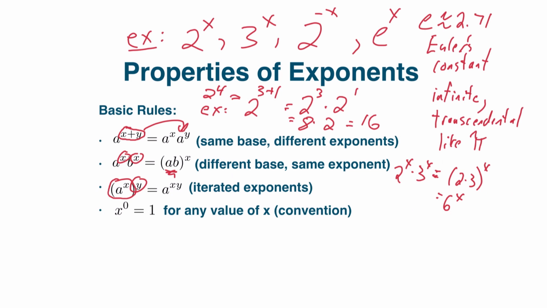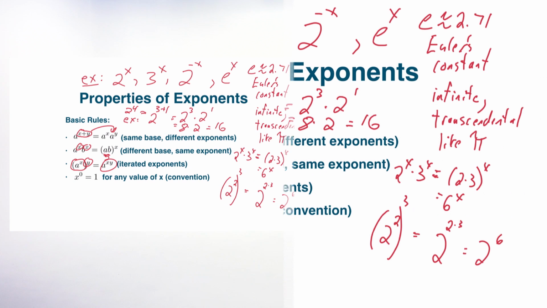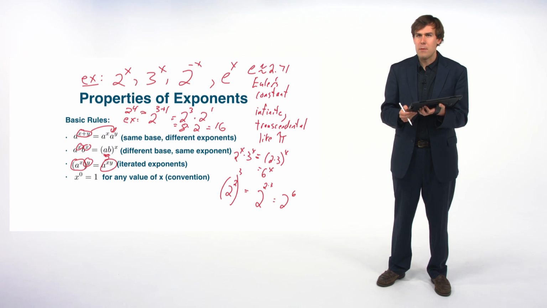So this is equal to a to the power x times y. For example, if I have 2 squared to the third, this is the same as 2 to the 2 times 3, so 2 to the 6th. That's the kind of example you maybe want to keep in your mind.